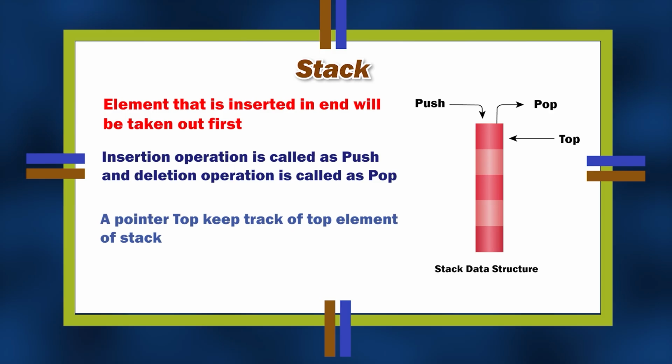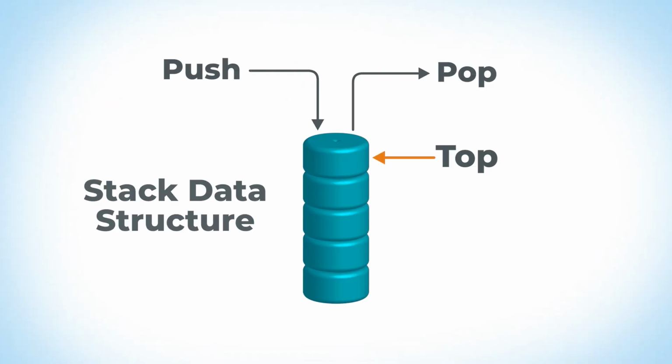Always there is one pointer that represents the top of the stack. The pointer keeps the address of the top element of the stack. Top indicates where space is available so that an element can be inserted, or from where we can perform the pop operation.